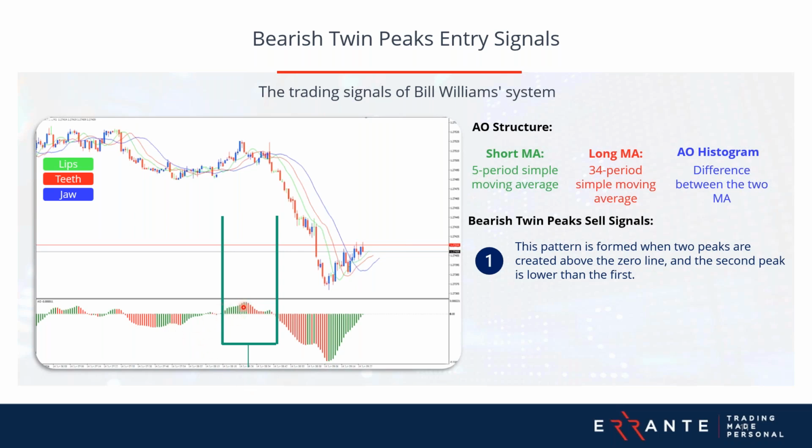As you can see here, we have the first peak here and the second peak lower than the previous one, and it is followed by a crossing below zero, which can add to the significance of this bearish signal.